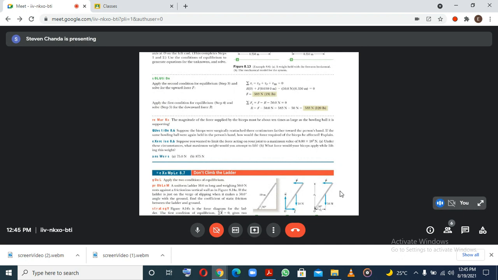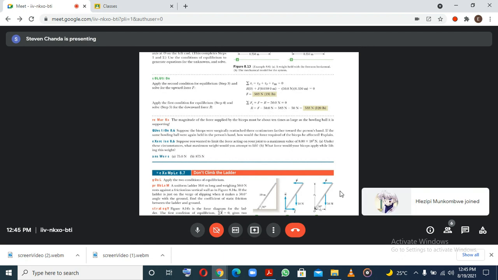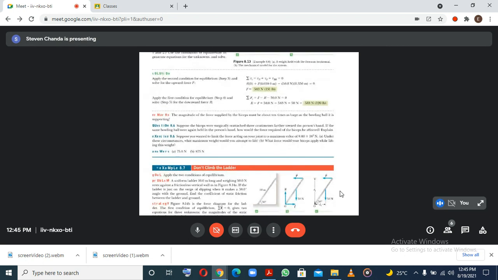A uniform ladder 10 meters long and weighing 50 newtons rests against a frictionless vertical wall as in figure 8.14a. So you see the ladder they're talking about, the first diagram on the right.